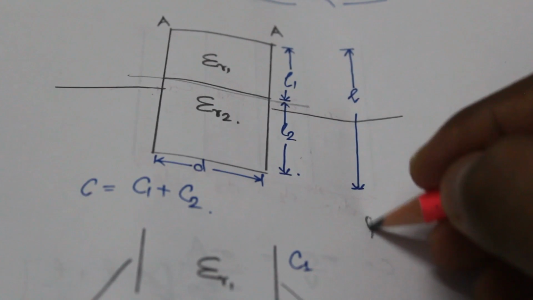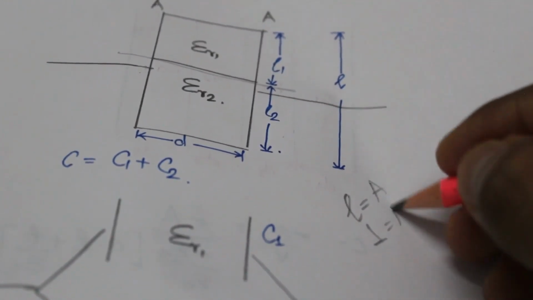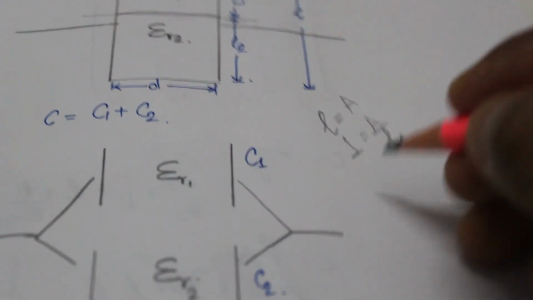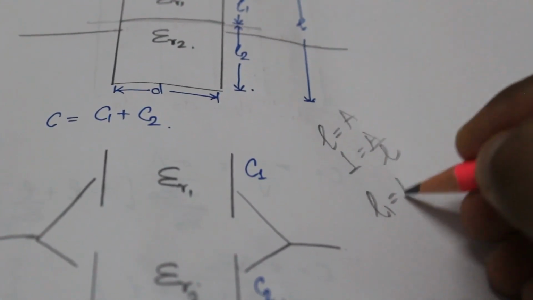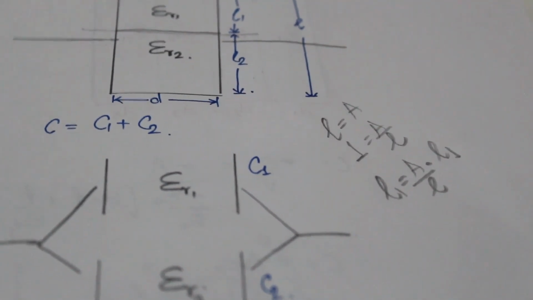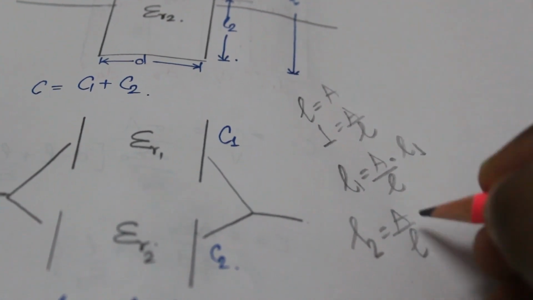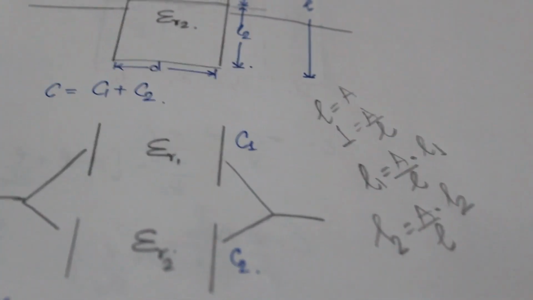So it can be found out easily. For length L, area was A. So for unit length, area will be A upon L. So for length L1, area becomes A upon L into L1. Similarly for L2, area will become A upon L into L2.